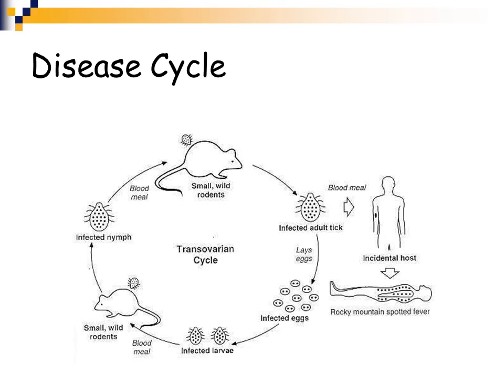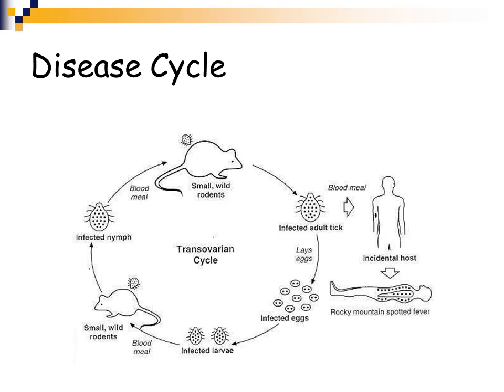Those larvae then need to mature, and they will take a blood meal in small wild rodents such as mice. The little larvae will then mature into nymphs, which are infected. They'll also take blood meals on more small wild rodents, mice, rats, other small and medium mammals.